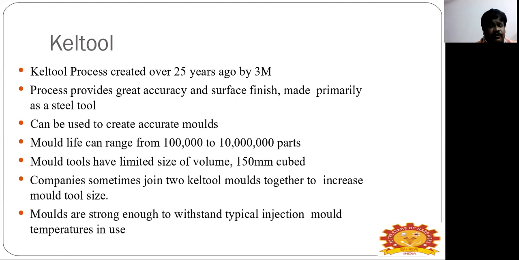In the 3D Keltool process, we can start with the mold cavity and core design in 3D CAD. The mold maker can determine the quality of the insert, and using the SLA master pattern and RTV transfer mold, it can be produced.